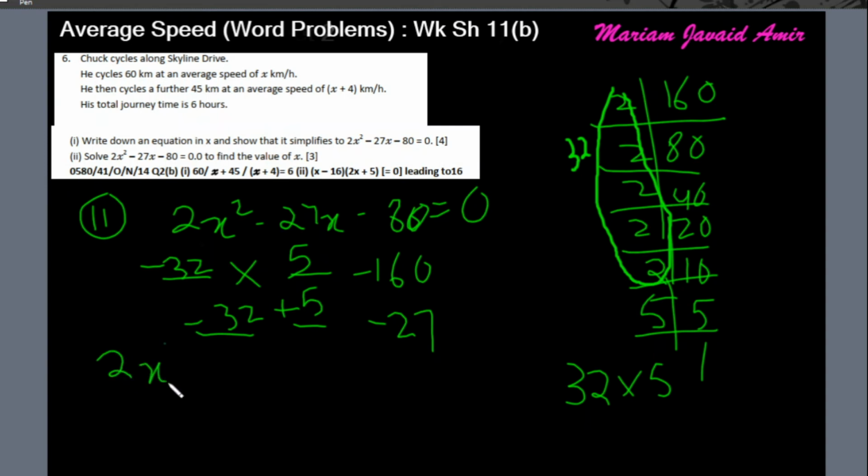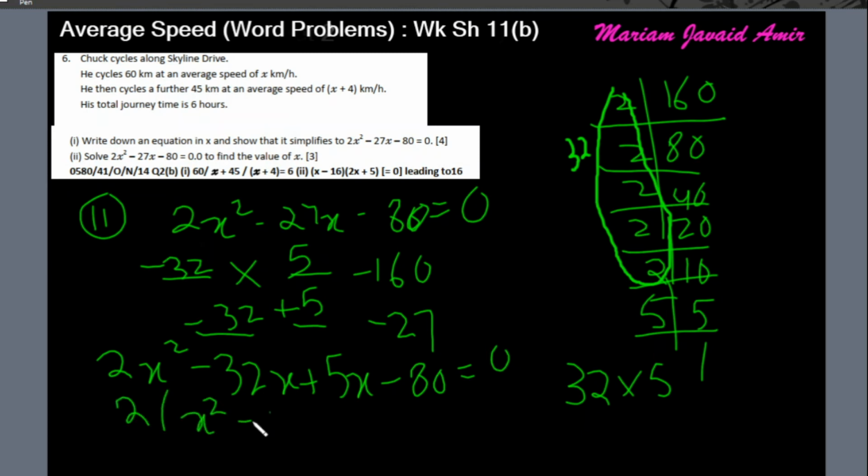So 2x squared minus 32x plus 5x minus 80 equals 0. 2 is common: 2 times x minus 16, plus 5 is common, it's not x squared, it's just x, so x minus 16.